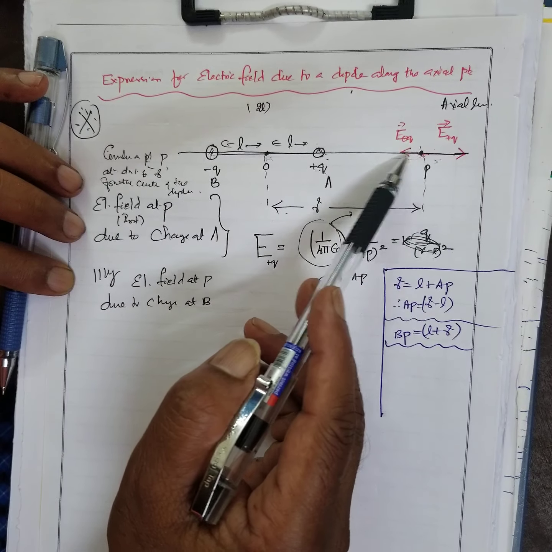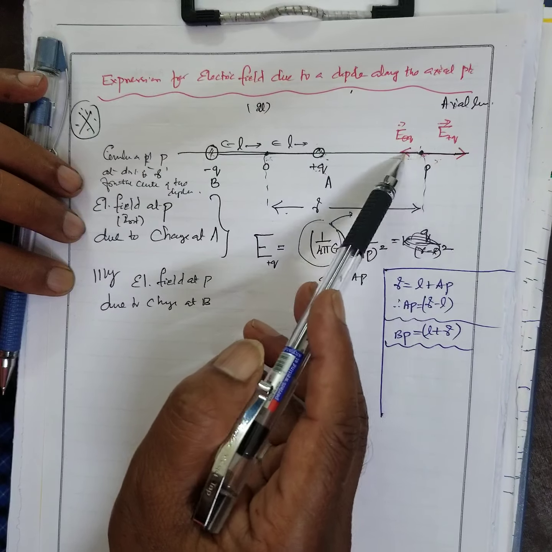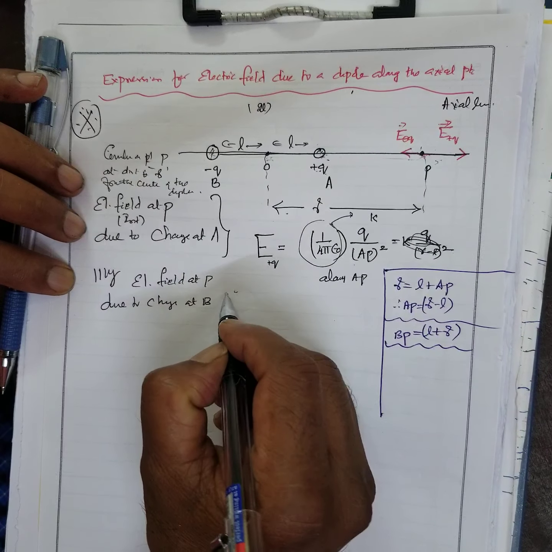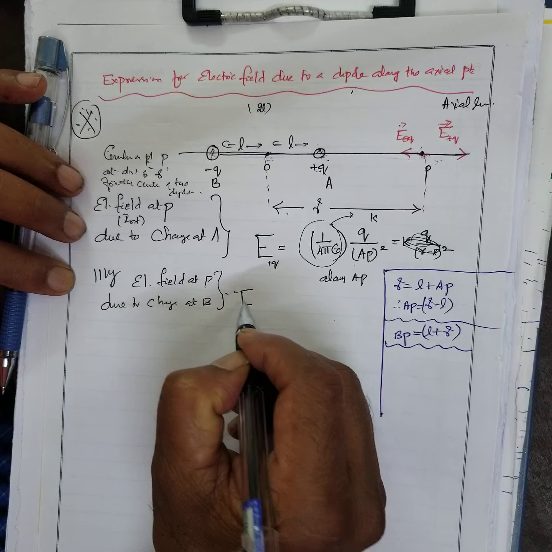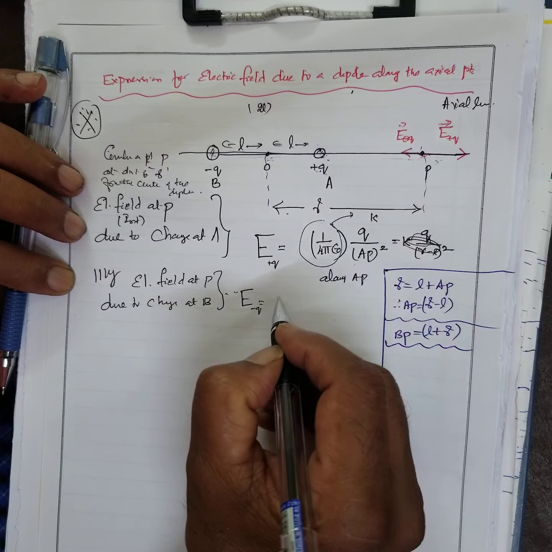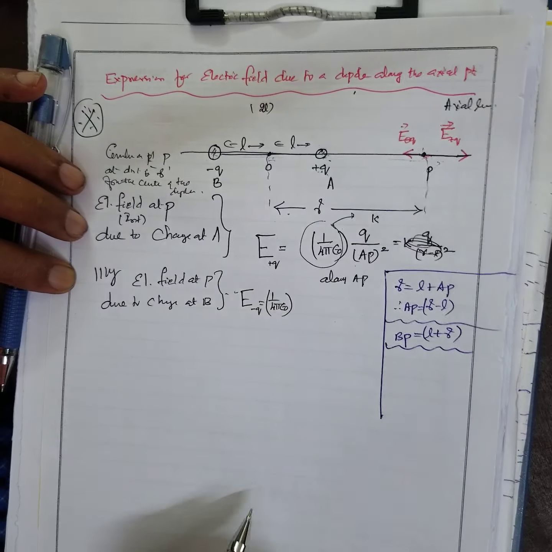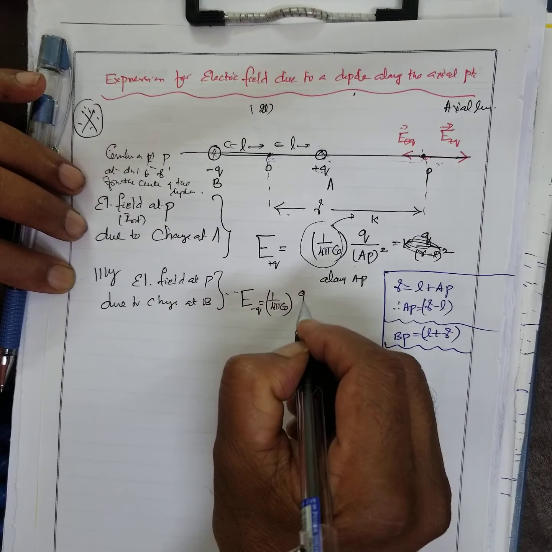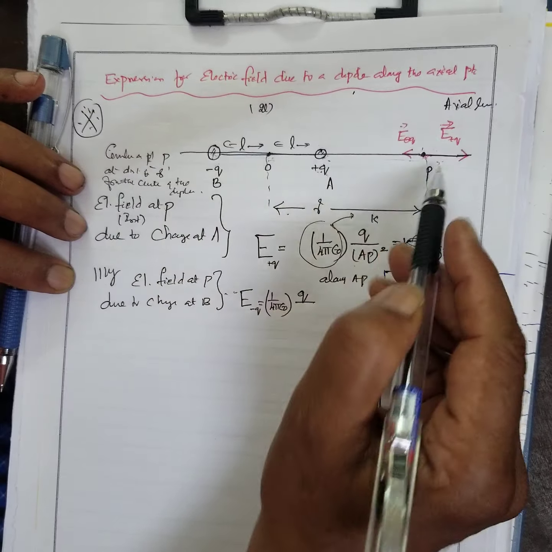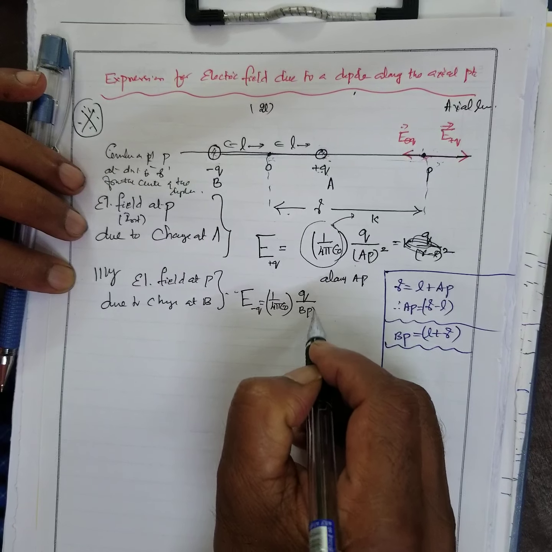Therefore, this vector is bigger and this vector is smaller. The electric field due to the negative charge is the same 1 by 4 pi epsilon naught, charge by BP square.